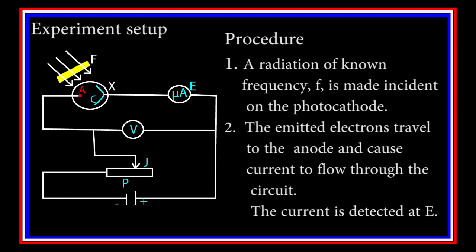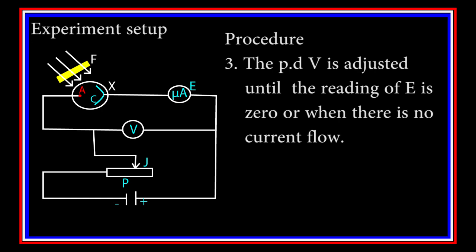The emitted electrons travel to the anode and cause current to flow through the circuit. The current is detected at E. The PD is adjusted until the reading of E is 0, or when there is no current flow.